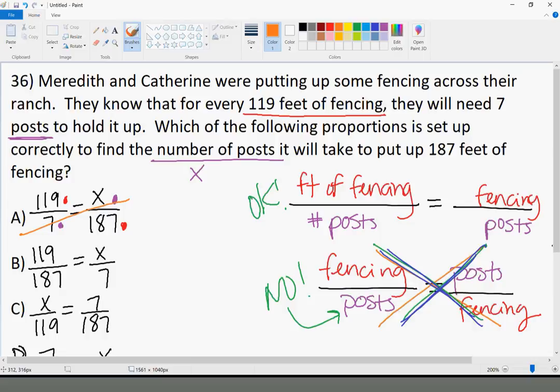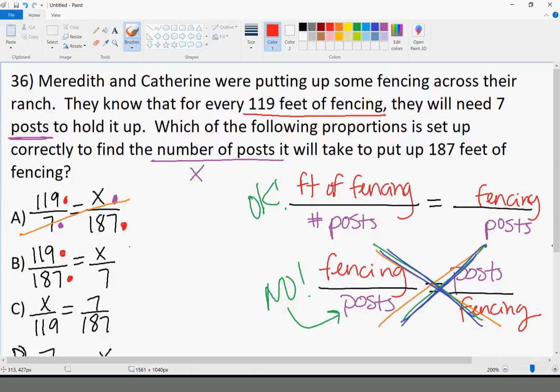Let's look at B. So B has fencing over fencing. That's okay, as long as it's lined up. So for 119 feet of fencing, that needs to line up with the number of posts for that number of fencing. So that should be 119 at the top on the left, and it should be a 7 at the top on the right. But it's not.